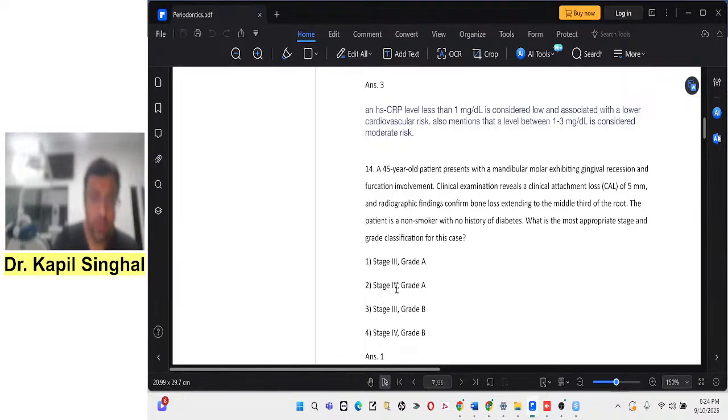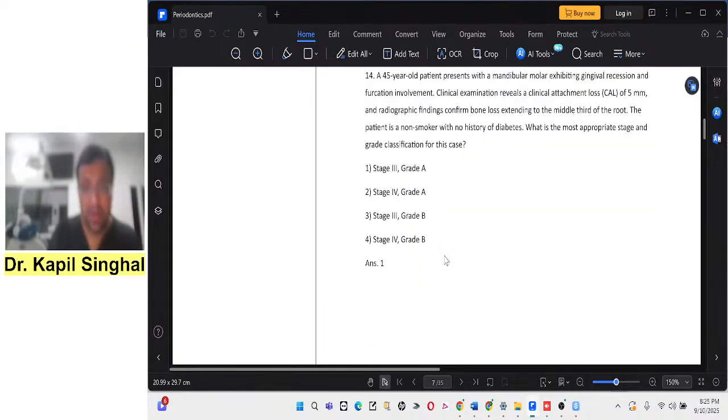So out of these two, I have to select one. Generally, whenever a staging is done, if there is no conclusive answer, we always select the lesser stage. So I am selecting answer 1 as better. But if you get one more thing in the question, like the number of teeth involved, we'll get a conclusive answer. So out of these options, I would select answer 1 as the best option here. Okay, did you get this?